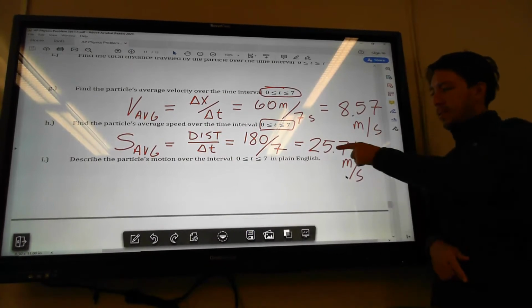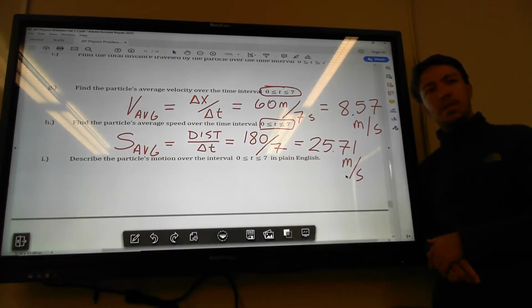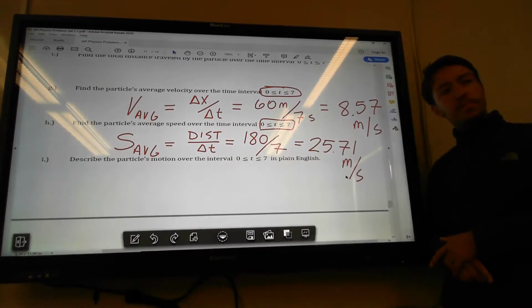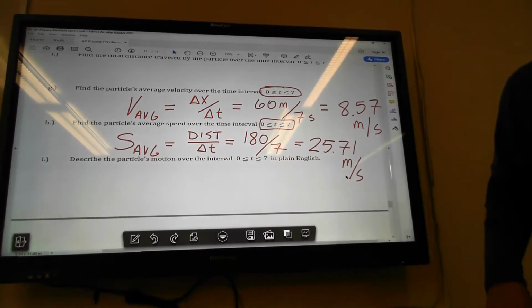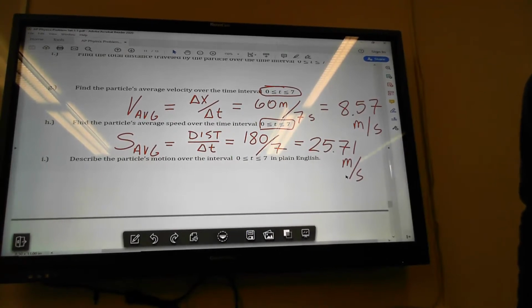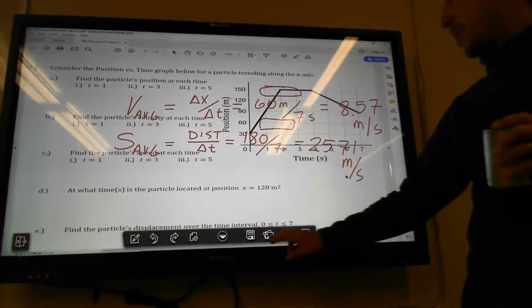Now, why is this so much bigger than this? The velocity is like how far away you are from the start point at the end. I think I know what you're talking about, but there's a simple answer.